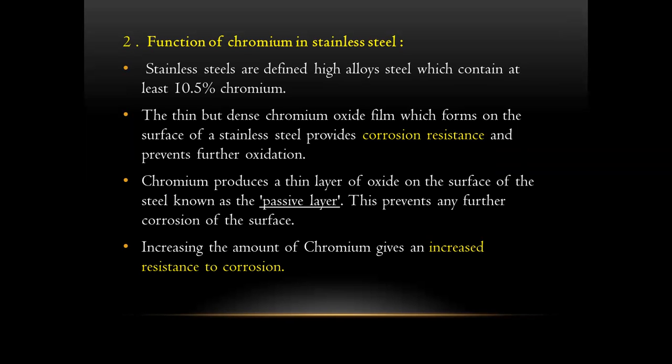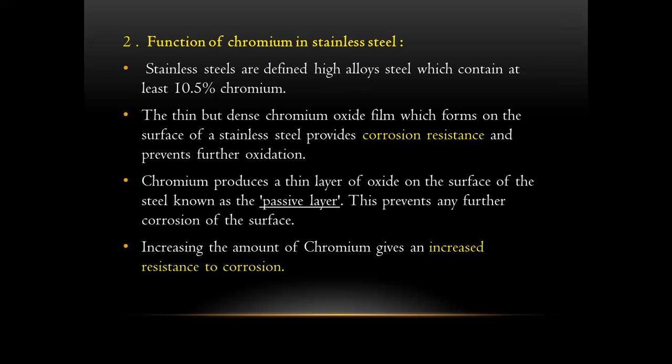Chromium produces a thin layer, also known as the passive layer, and it prevents corrosion. Hence, increasing the amount of chromium increases the resistance to corrosion. I hope it's clear. So basically, chromium increases the resistance to corrosion.